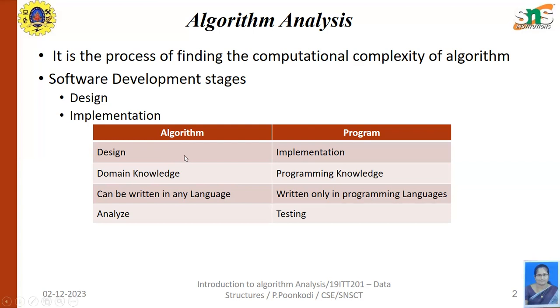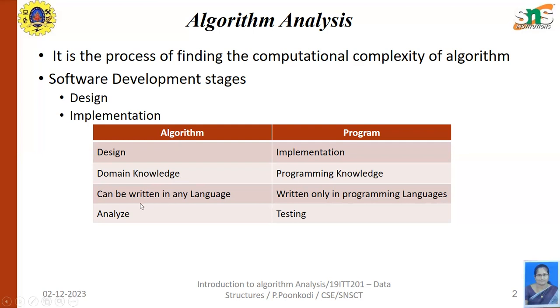To write an algorithm for a complex problem, I should possess domain knowledge. For writing a program, we must have programming knowledge like C, C++, Java or Python, so that we are able to write a program to solve the computational problem.